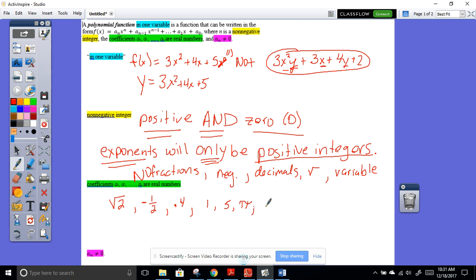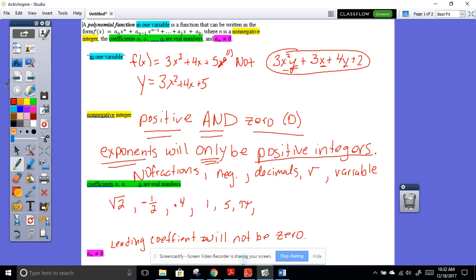So when I start giving the rules about the exponents, students only hear half of what I'm saying, and they think that nowhere can I have the square root of 2. No, the square root of 2 can be the coefficient, because my coefficients just have to be real numbers. It's my exponents that are restricted to only positive integers. And this right here was just saying that the leading coefficient will not be 0.